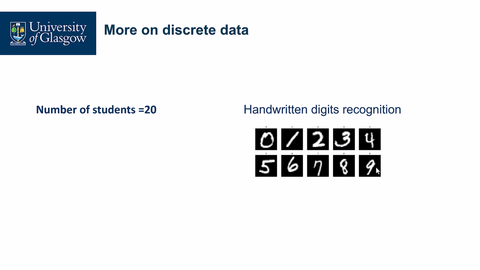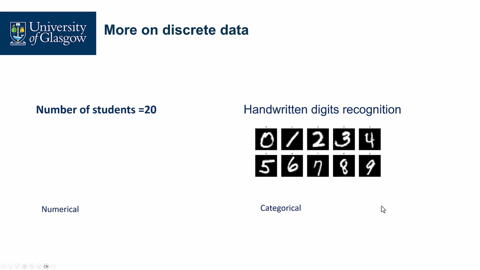But the second one is different. In handwritten digits recognition, although these are numbers, they are categories. We want to see which handwritten number belongs to which category. So although they are numbers, they are categorical data. Don't mix them.